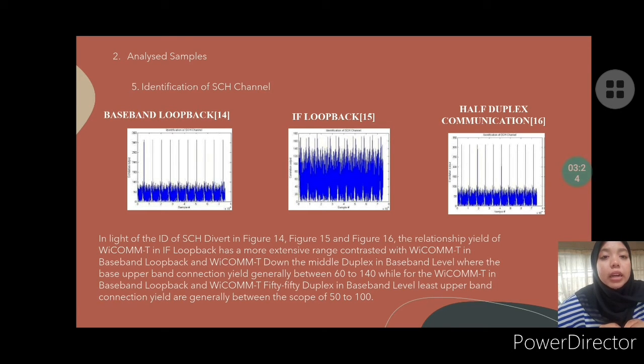In light of the identification of the SCH channel in Figures 14, 15 and 16, the correlation output in IF loopback has a wider range compared to baseband loopback and half duplex in baseband level, where the minimum upper band correlation output is generally between 60 to 140, while for baseband loopback and half duplex in baseband level, the minimum upper band correlation output is generally in the range of 50 to 100.